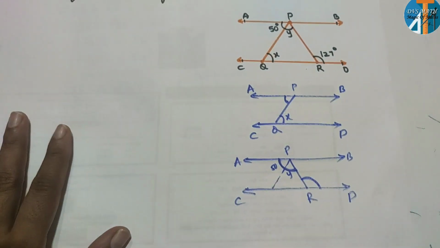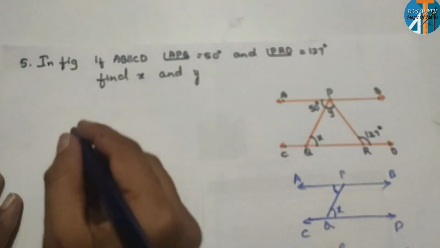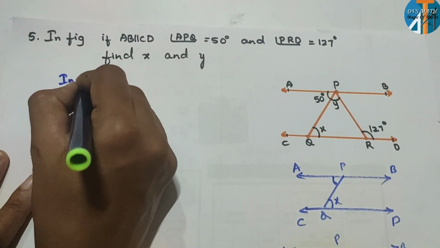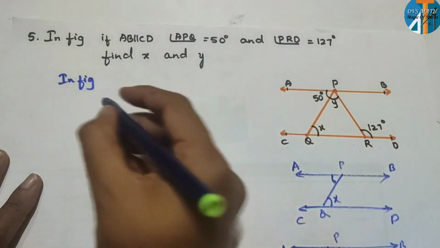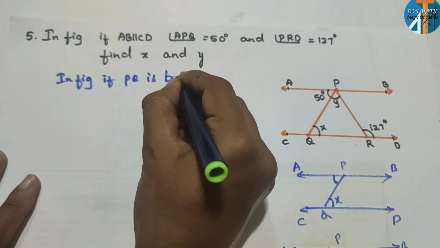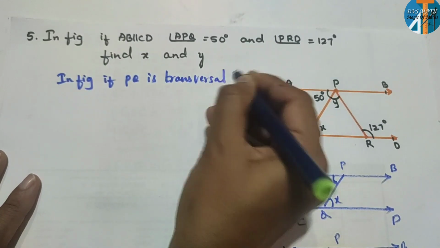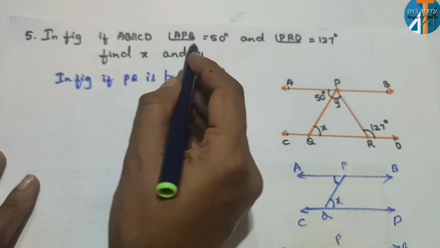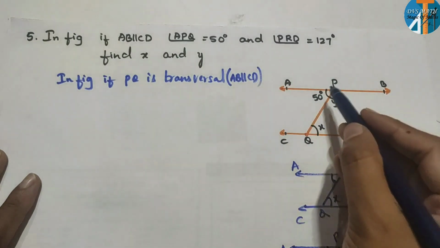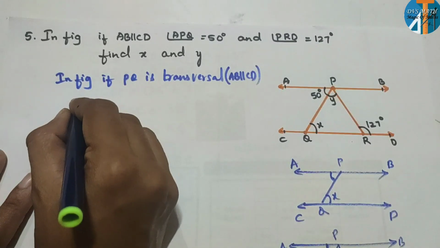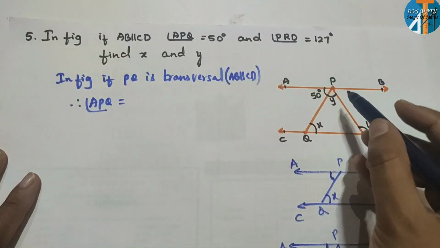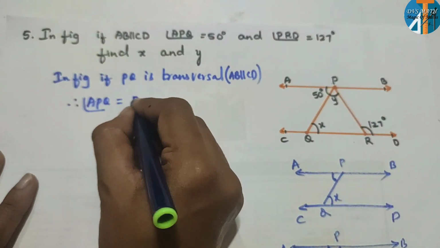Okay, let's begin. So first case, let us write in the figure, if PQ is a transversal and AB is parallel to CD, then angle APQ is equal to angle PQR.